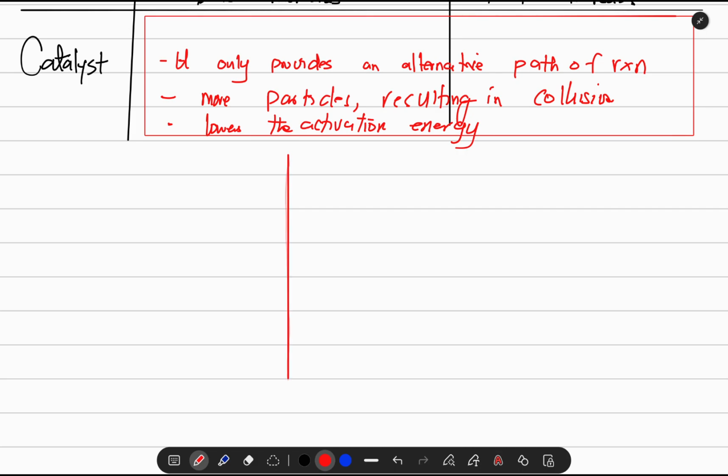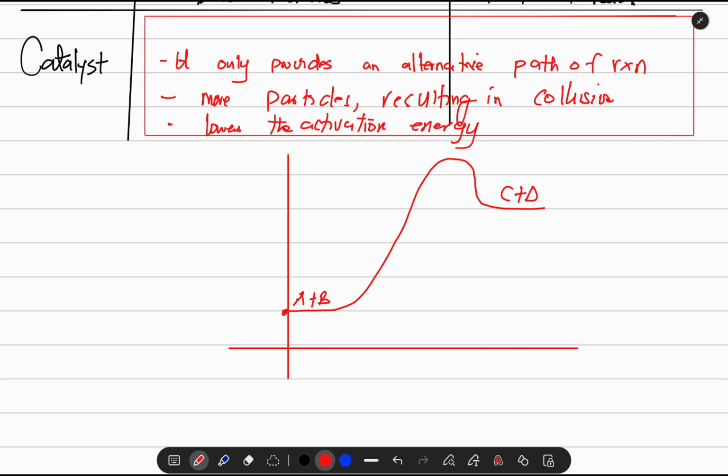Let me draw up an energy profile diagram, all right? Let's say you have an energy profile diagram of this nature. So, you discover that here you've got A plus B, and here you've got C plus D. You can clearly see that the energy required by the particles A and B is what we are calling activation energy. That energy is needed by the particles no matter what.